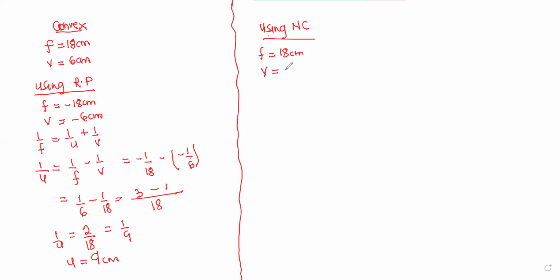So that is 6 centimeters. Therefore, 1 over U will be equal to 1 over F minus 1 over V. So that when we put our values in, we have 1 on 18 minus 1 on 6.